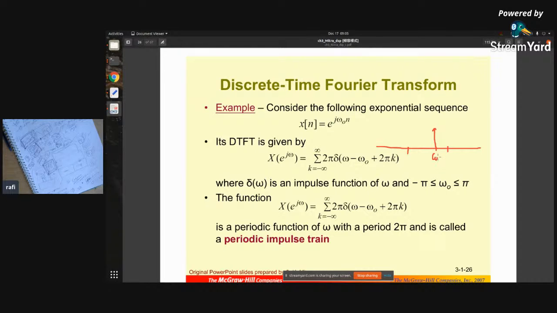So delta of omega minus omega naught will be here. Likewise, from pi to 3 pi also you will have an impulse here. Here also you have an impulse. So likewise, this is periodic.